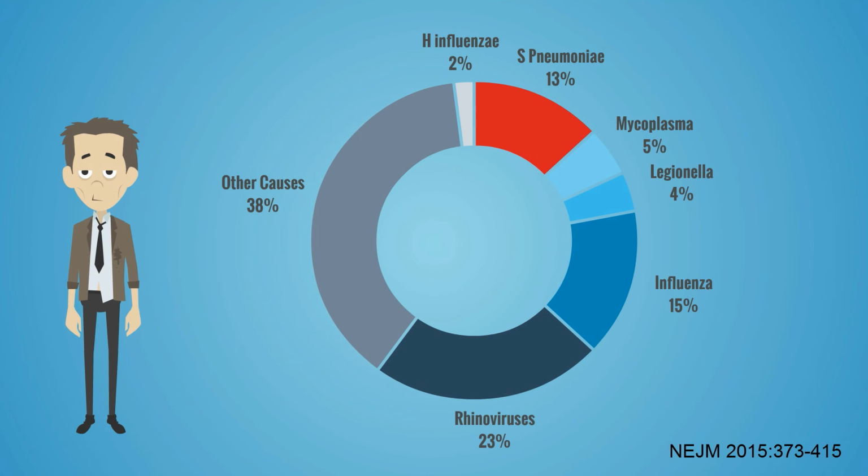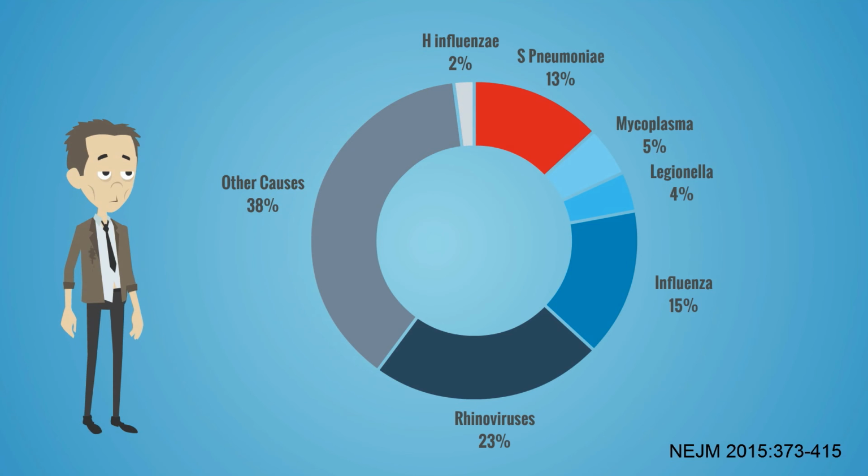Treatment of community-acquired pneumonia focuses primarily on the treatment of bacterial pneumonia. Important pathogens to remember are Streptococcus pneumoniae, Mycoplasma, Legionella, and Haemophilus influenzae. Viruses such as influenza and rhinoviruses are very common causes of community-acquired pneumonia.